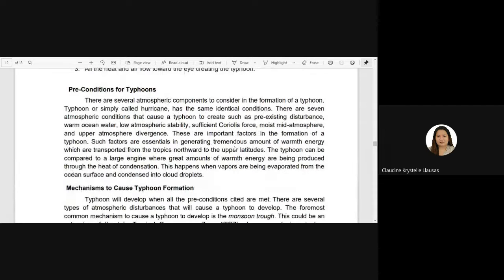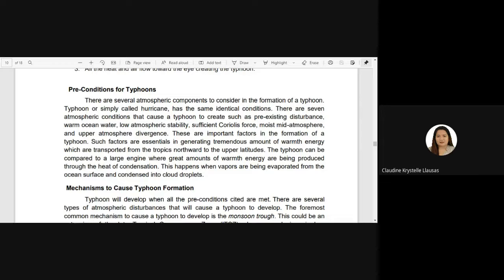So we also have here preconditions for typhoons. There are several atmospheric components to consider in the formation of a typhoon. In other countries, a typhoon is simply called a hurricane, with the same identical conditions.